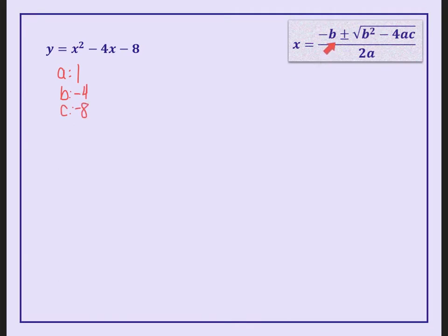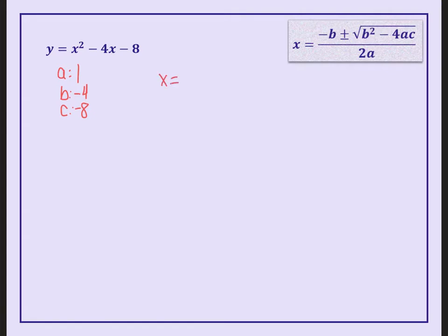So using the quadratic formula, I'm going to find up to 2 solutions. I have the positive solution and I have a negative solution. So I can do plus the square root and I can do minus the square root. So every variable in this equation is going to be filled in with a number. Again, we can have up to 2 solutions.